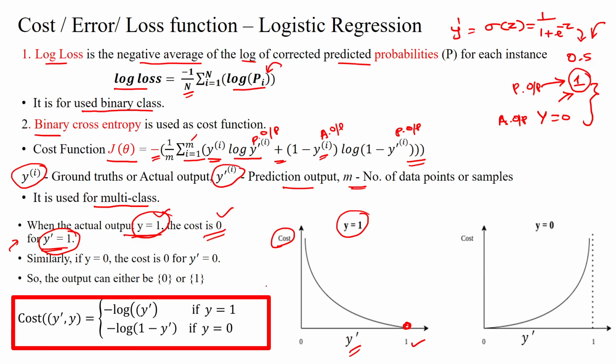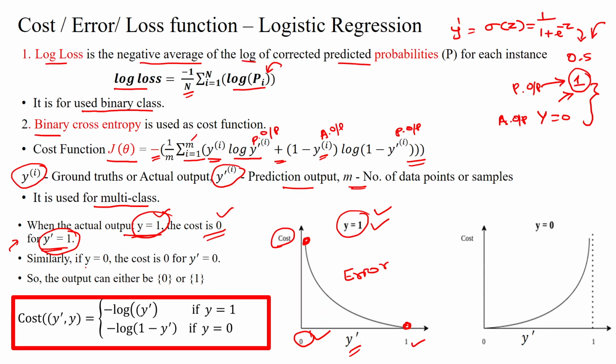Like that, if our y dash is 0 but our actual output is 1, then there is an error. If the predicted value is 0 and the actual output is 1, it means error, and the error is very high when they are misclassified.